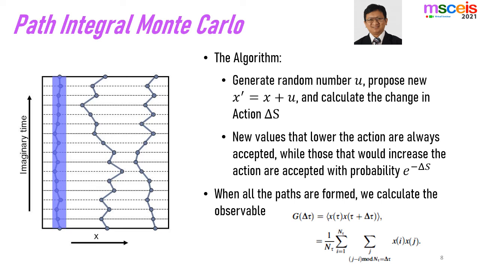If you go back to the path integral formulation, those that would increase the action will be accepted with the probability of exponential minus delta S. So there will be a procedure of calling a random number to evaluate this probability. When this generating procedure is done, then we will have a number of configurations, a number of paths, where we will use those paths to calculate our observable. So in this case, for the two-point correlation function, for example, we will calculate x(i) x(j) for all possible configurations.